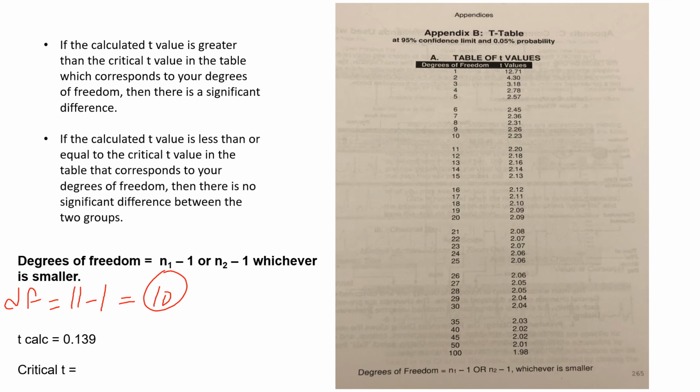Now, the thing is, you don't always have to have the same number of data points for both groups. Let's say in another scenario, you collected data points from 13 individuals for the first group, and for the second group, you were only able to collect data points from 11 individuals.